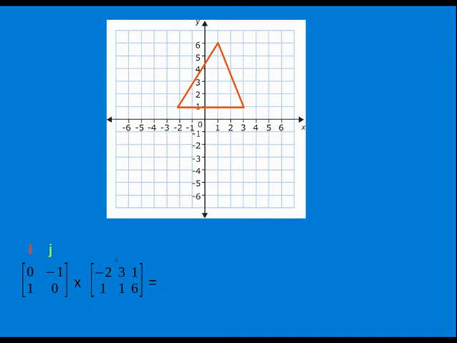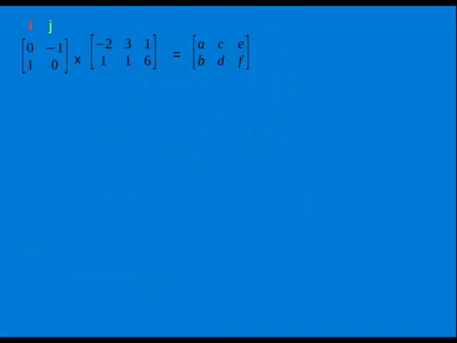So let's look a little bit at matrix multiplication. Here we have i and j times the 2 by 3 matrix, which are the coordinates of the triangle, giving us something I've labeled as A, B, C, D, E, F. So how does it work?